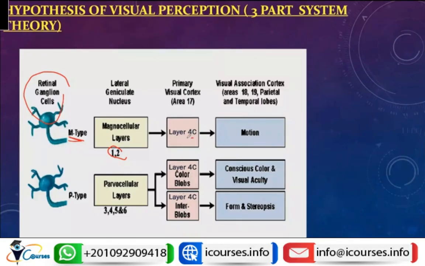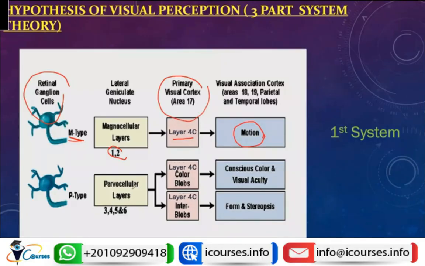From the magnocellular layers the impulse reaches layer 4C, the superficial part, in the primary visual cortex, which, in association with the secondary visual cortex, will be able to interpret the motion of the impulse. So this is called the first system.